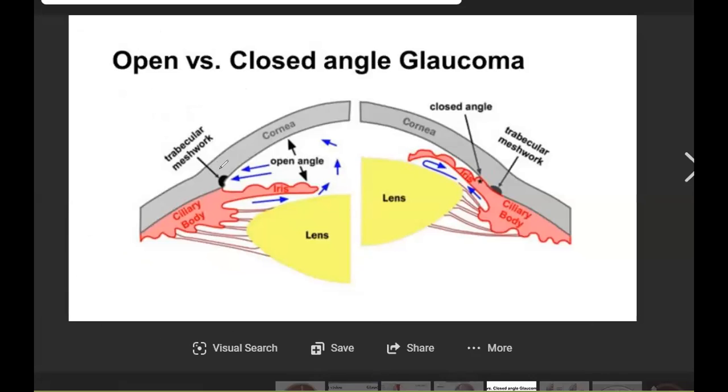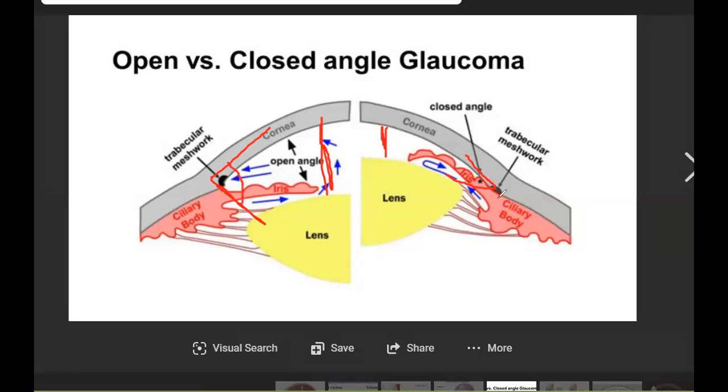This is the trabecular meshwork. In open angle glaucoma, the angle between the lens and cornea is wide, but in closed angle it is narrow.